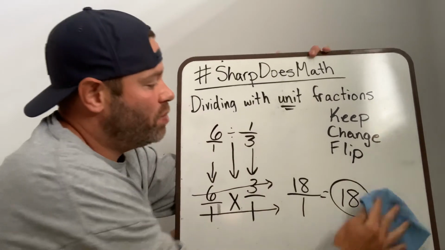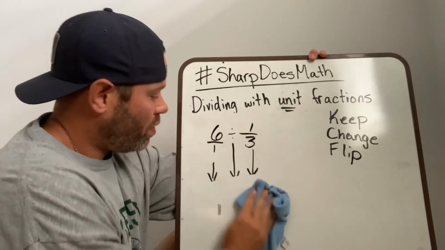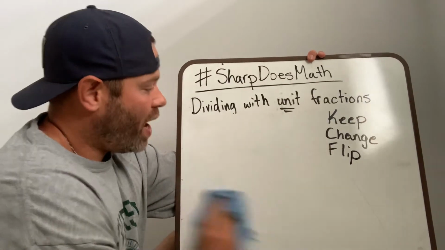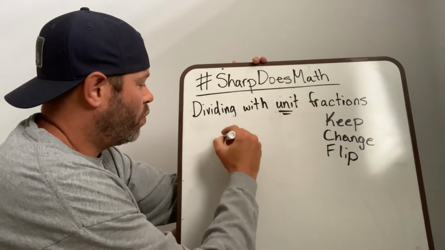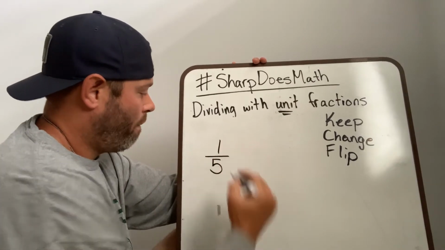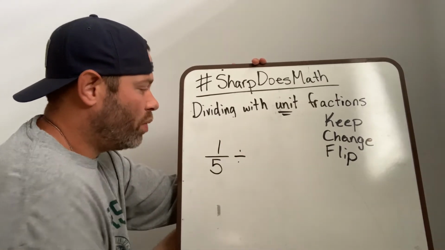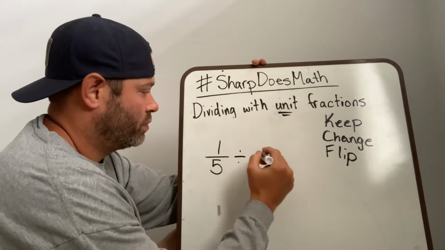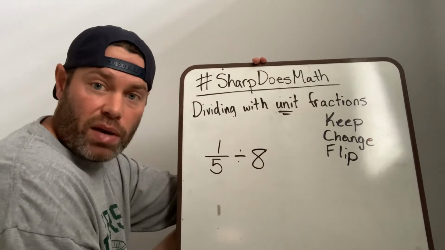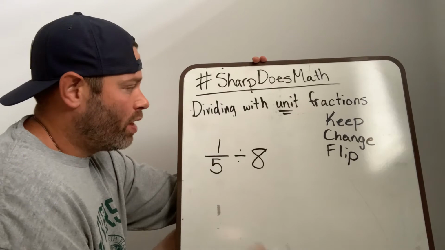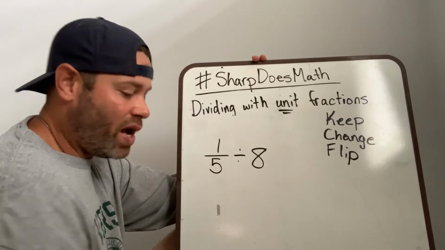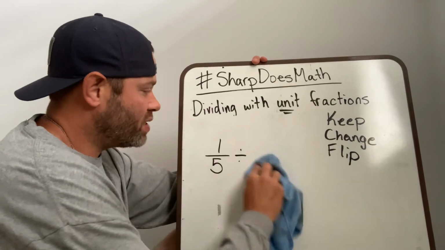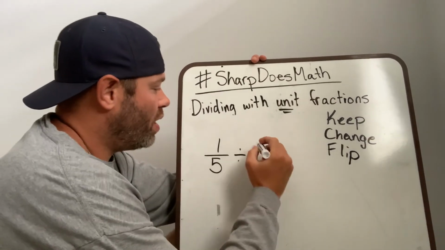So there's a couple of examples of how to do this when we have the whole number first. Let me show you what happens when our unit fraction is first. So let's say I have 1/5, and I'm dividing 1/5 by 8. Now, take that whole number, and we want to change that into a fraction. So instead of 8 just by itself, we're going to make it over 1.